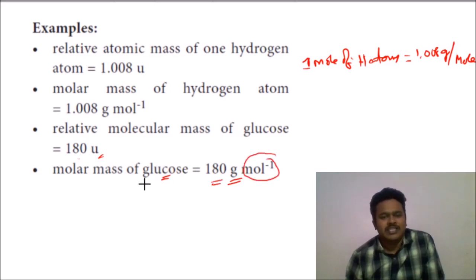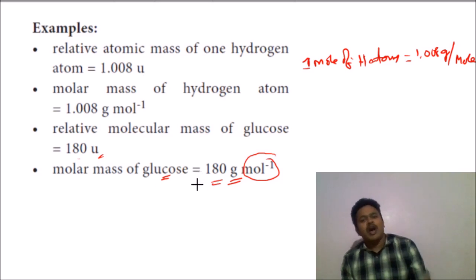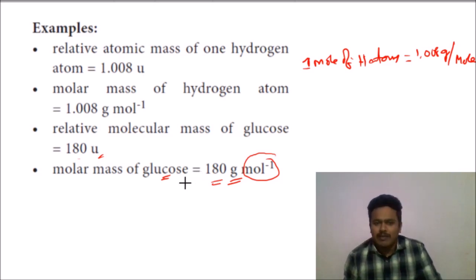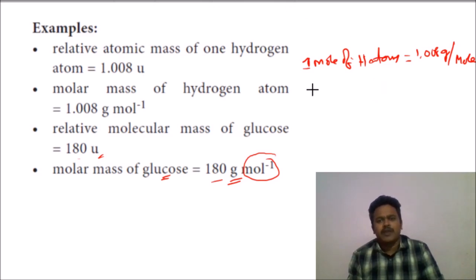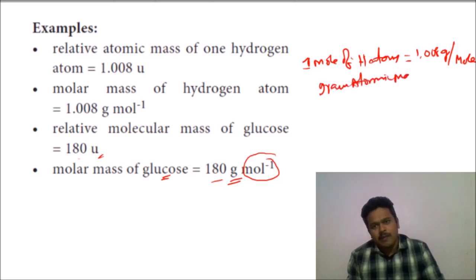Generally, we are going to study all the substances' molar mass, molecular mass, and atomic mass in terms of grams only. Atomic mass studied in terms of grams is called gram atomic mass.